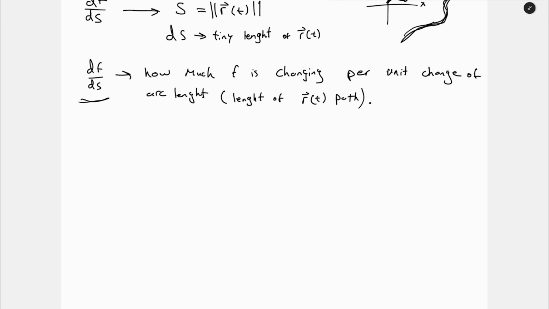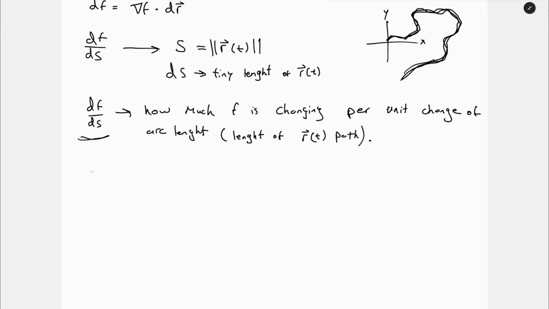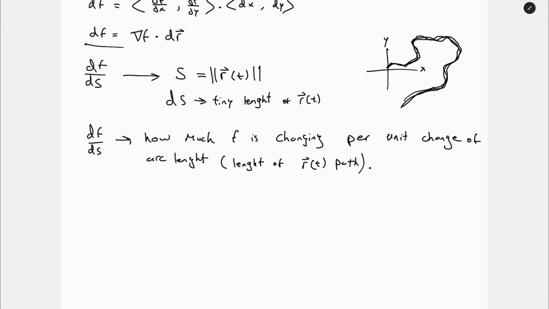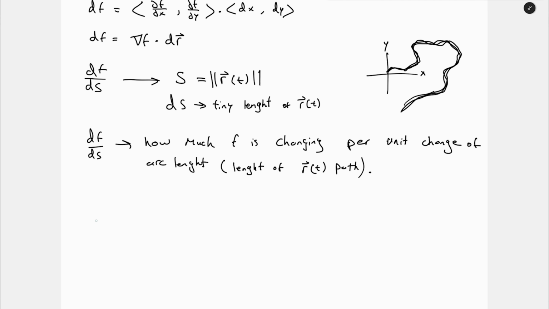So we divided df by ds. So then this means that we have to divide this whole thing by ds. So df ds equals grad f times dr divided by ds. But now you have a choice. You can either divide grad by ds, gradient by ds, or dr by ds.